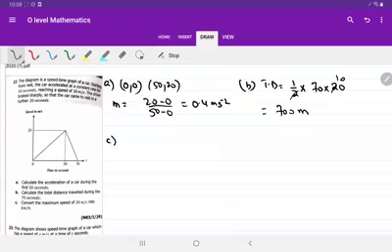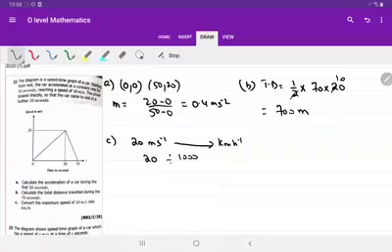Then the question says convert 20 meters per second into kilometers per hour, and I have explained you that to convert meters per second into kilometers per hour you have to divide by 1000 upon 3600.